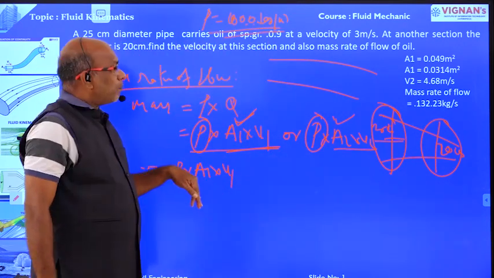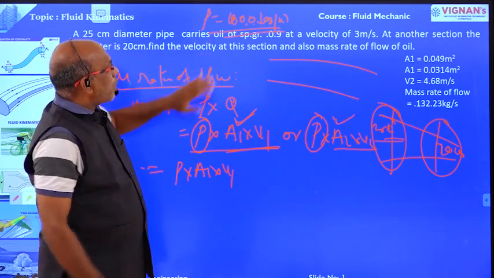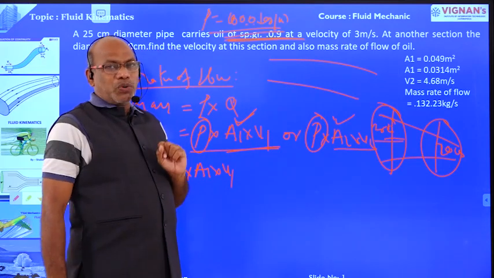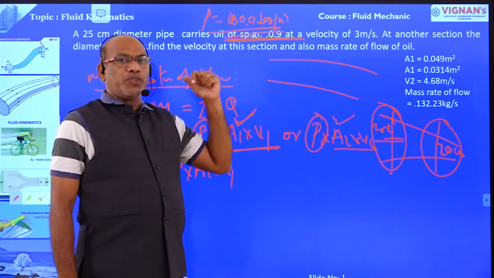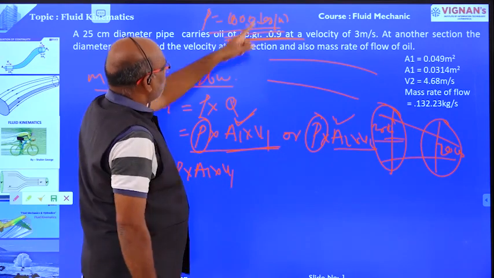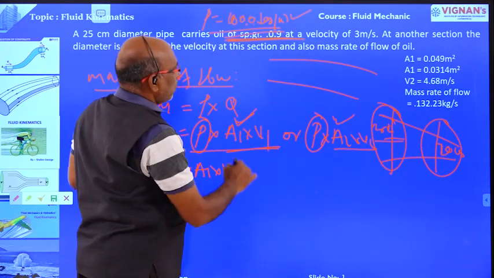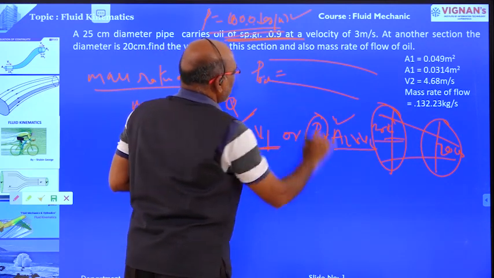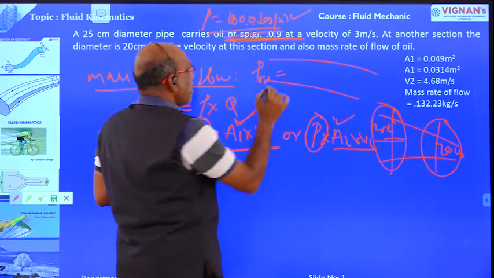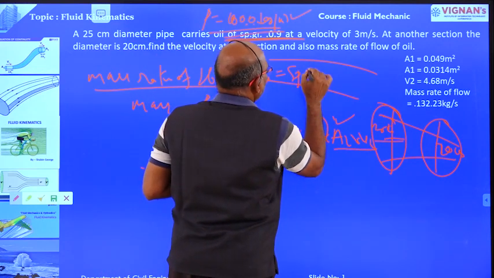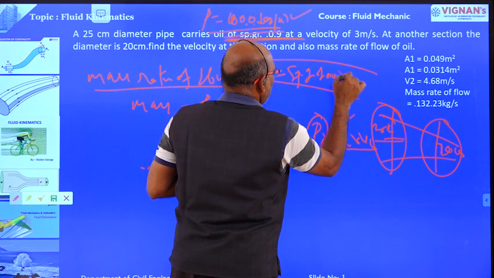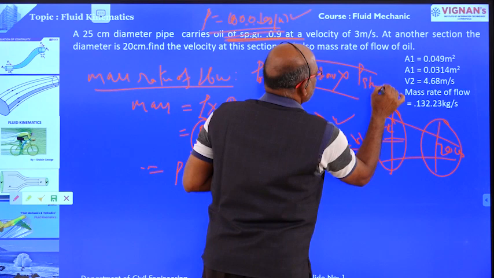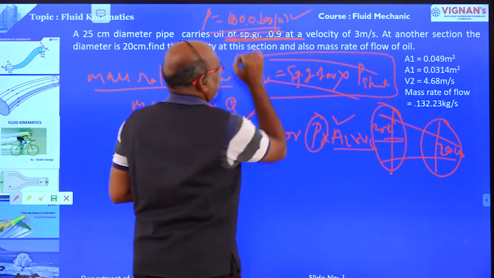But in this problem, the pipe is carrying oil of specific gravity 0.9. Based on this specific gravity, we are going to determine the density of the oil. Density of the water we know. Density of the oil, I have given one formula: density of oil equals specific gravity of oil into density of standard liquid. This formula I have given to you.